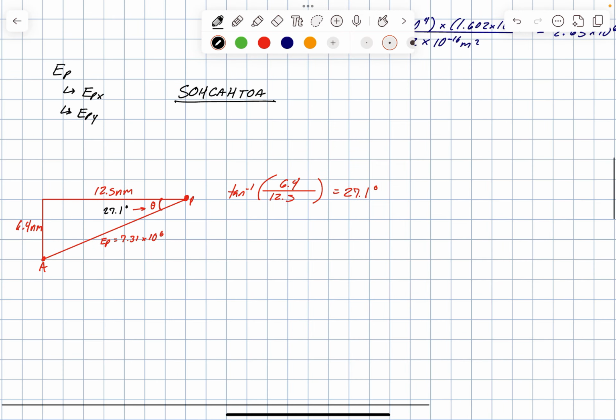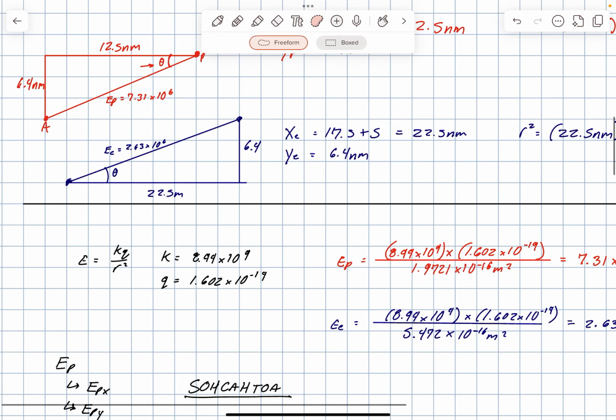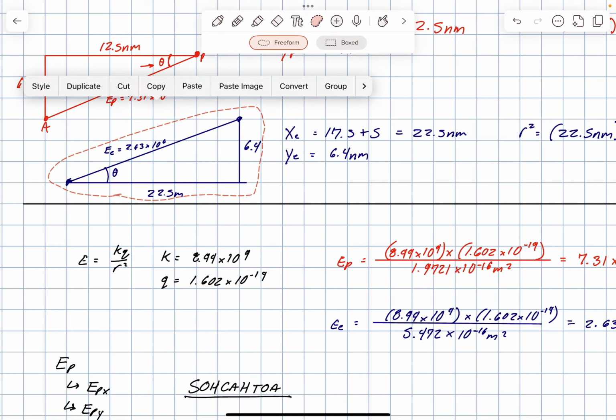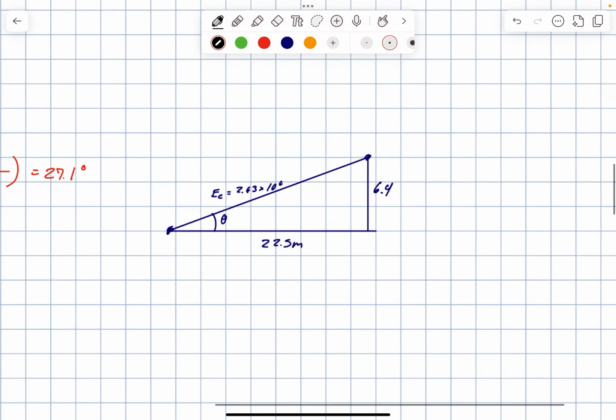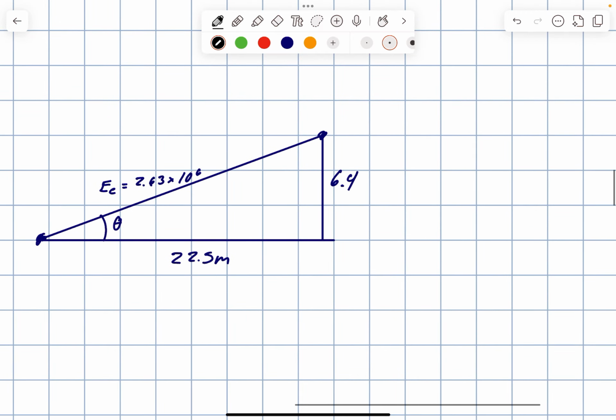Now let's do the same thing for our electron triangle. So I'm just going to copy this again, and then I'll paste it over on this side this time. So using the same thing, we have a side value for our opposite side and our adjacent side.